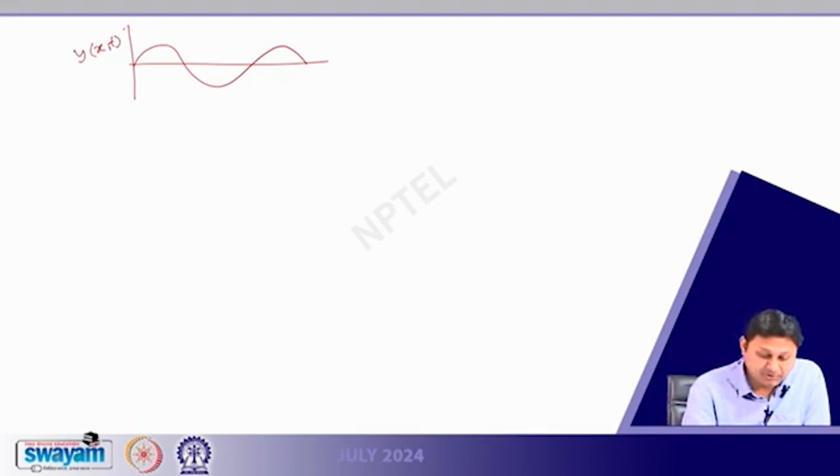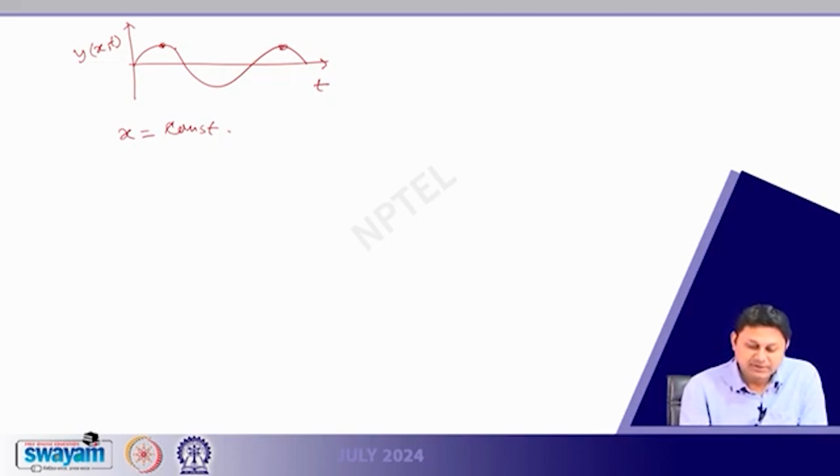This is a property of the harmonic wave, and over time, for x equal to constant, that means for a given x, it is vibrating, and again we are going to get 2 points having the same phase. When the wave is moving in the time domain, the distance between these two consecutive points having the same phase in the time domain is called the temporal period.